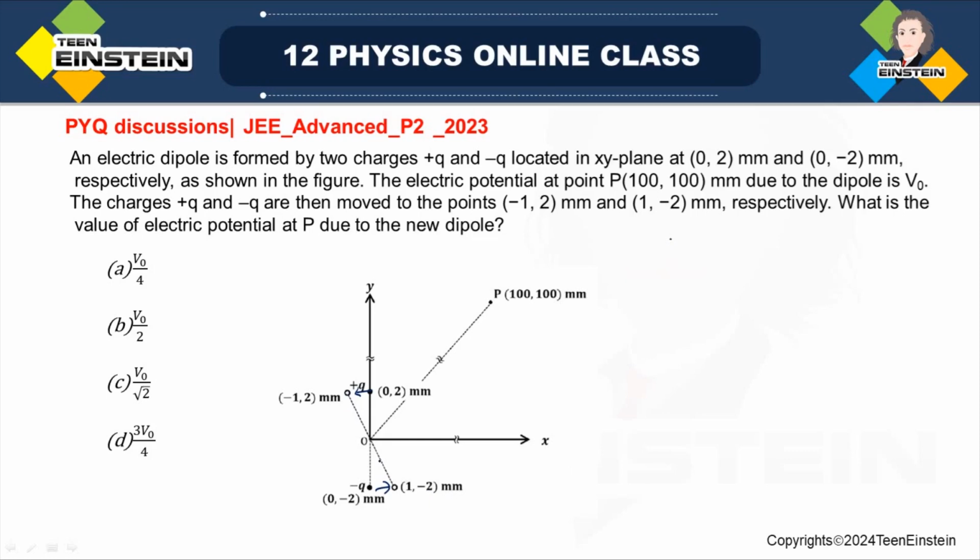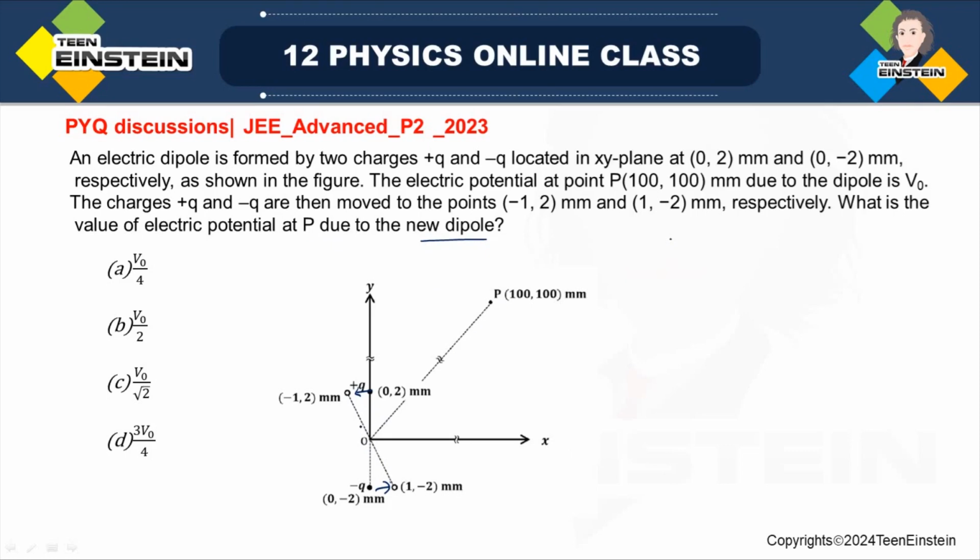So the new dipole is this one. Now you can see that this dotted line is the dipole. Earlier it was on the y-axis itself. The question is, what is the value of electric potential at P due to the new dipole? So the new dipole is this one, the dotted one. You have to find out the electric potential at P due to this dipole.